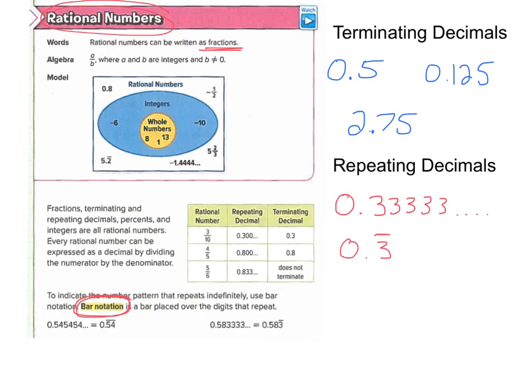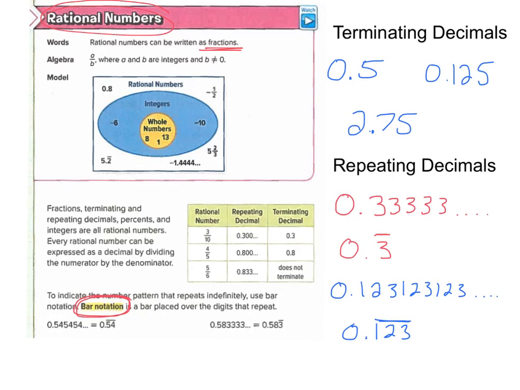Maybe we have 0.123, and that pattern of 1, 2, 3, 1, 2, 3 just keeps continuing on and on and on. It repeats. So we would write that as 0.123 and put the bar notation over top of it. Whatever is held inside of that bar notation, that's the part that repeats over and over again.